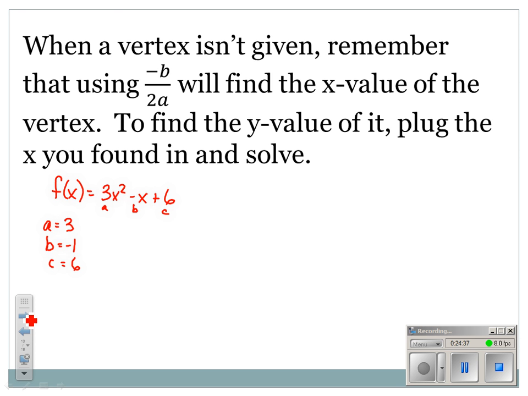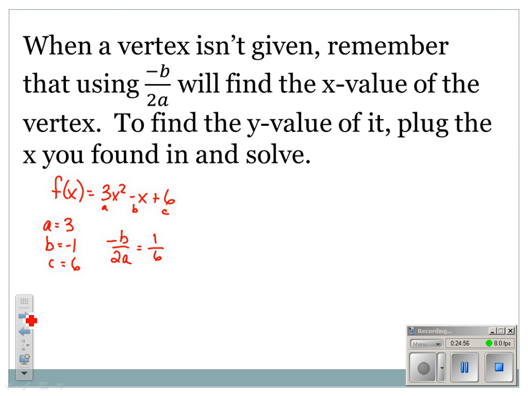So if we were going to try to find the vertex of that parabola, we would take negative b over 2a to find the x part. So negative b would be 1, over 2a, which is 2 times 3, or 6.